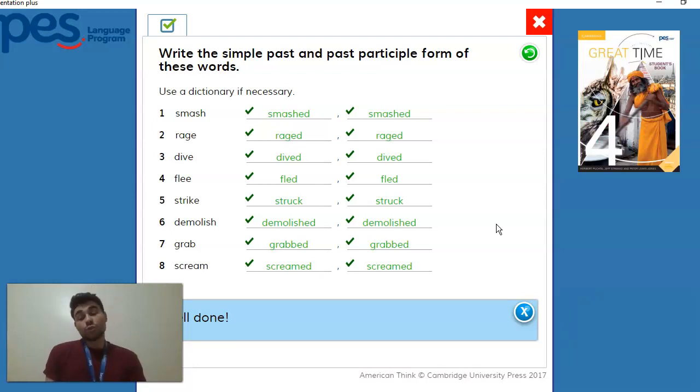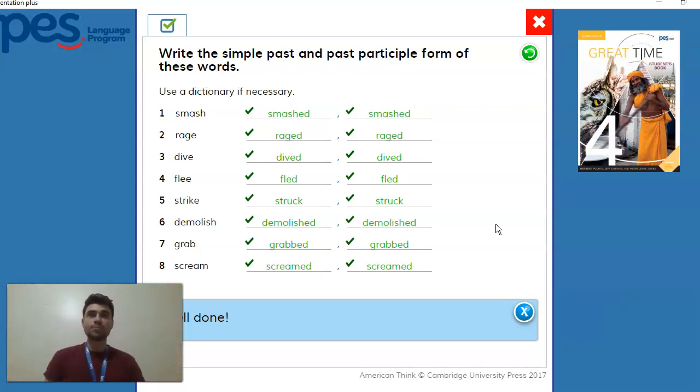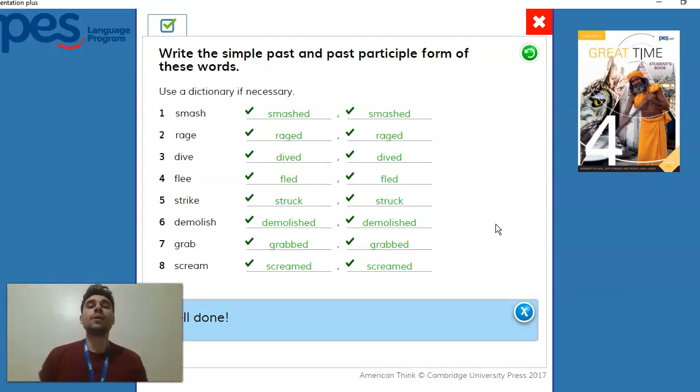Then to dive is to jump into water, right? Especially when you have your head and arms going first. So you know when swimmers like Michael Phelps or something, they dive when they jump into pools, right?